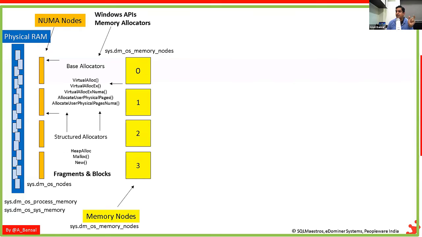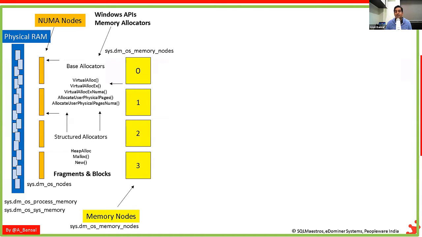That's important to note. Now, what happens is when SQL Server consumers, when I say consumers, I mean buffer pool or the plan cache or the query workspace, when they need memory, allocations are done via these nodes. They don't talk to Windows directly. And nodes in turn call the allocators, which we call memory allocators, via Windows APIs.